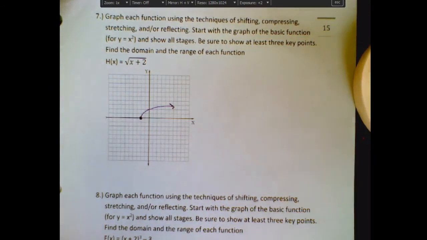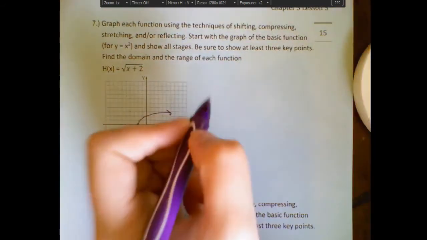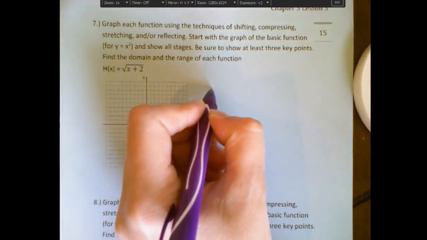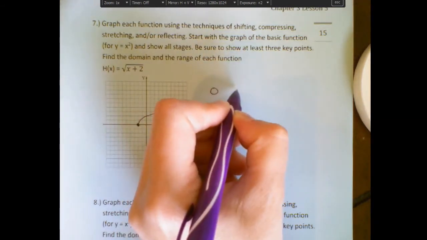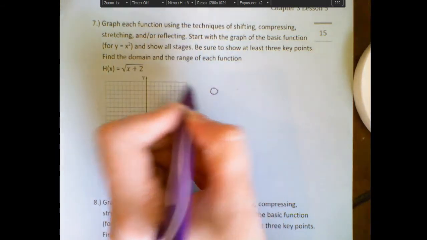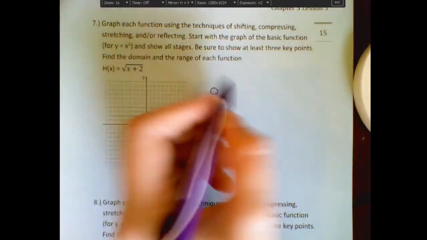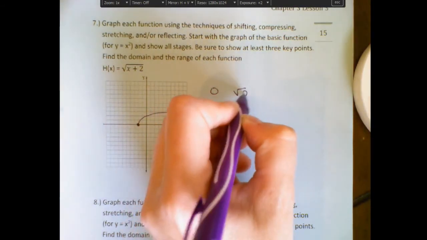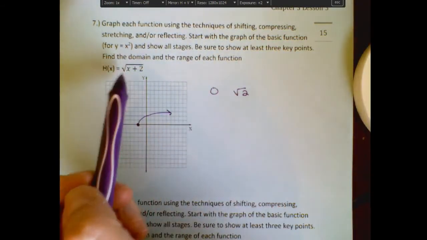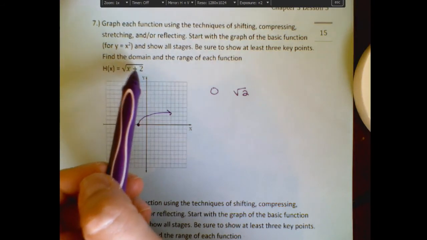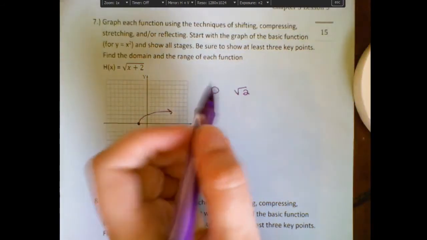Okay. If it says show at least 3 key points, one of the things I would do is I would just go ahead and substitute in. So if you had 0, obviously, and this probably wouldn't be a great one because then you're going to have the square root of 2. So you want to think about things that you can add to 2 to get yourself perfect square roots.